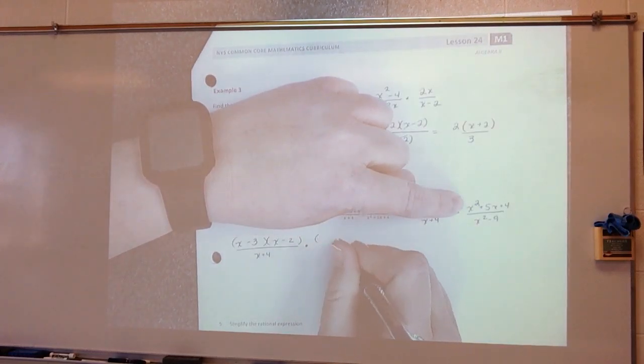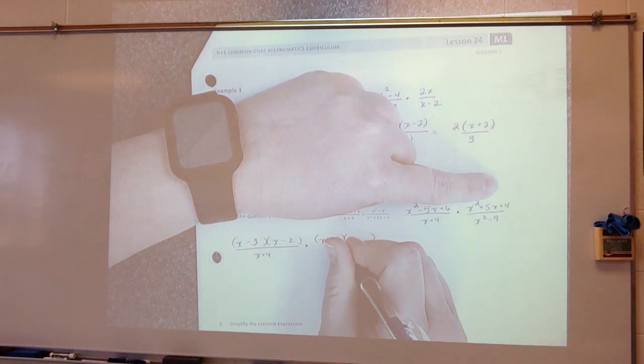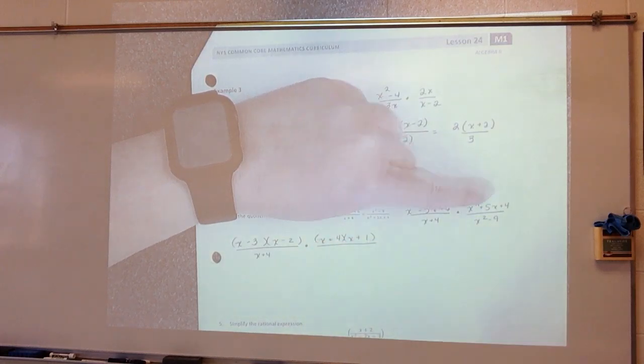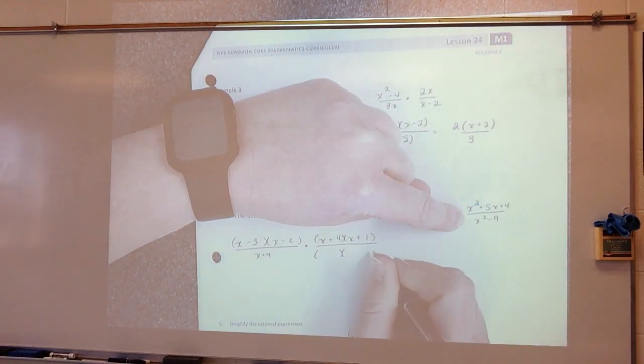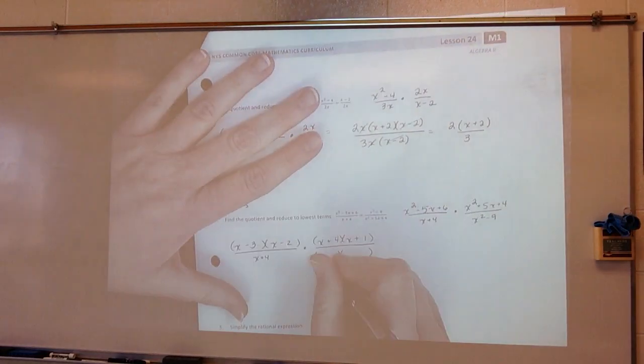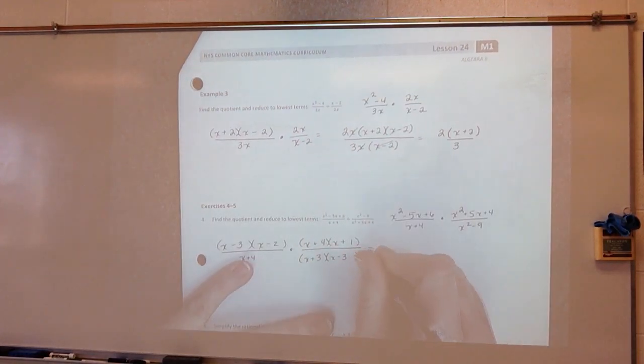Times, let's see if I can factor this. I get x and x. It's a plus plus, so I'm going to add my factors of 4 to get 5. Then I'm going to factor the difference of two perfect squares. So I have x plus 3 and x minus 3. Now let's multiply together.